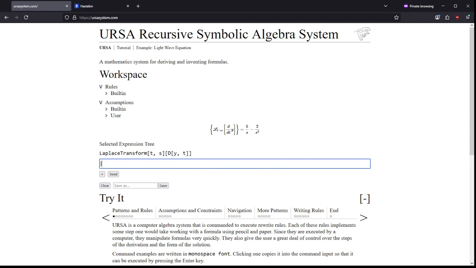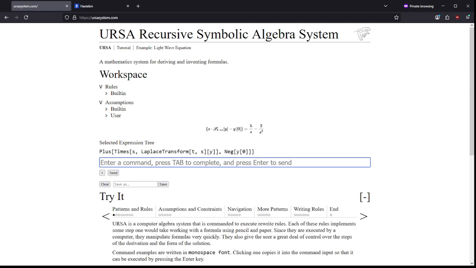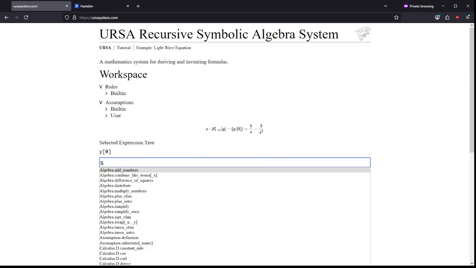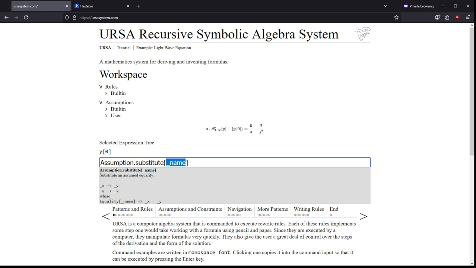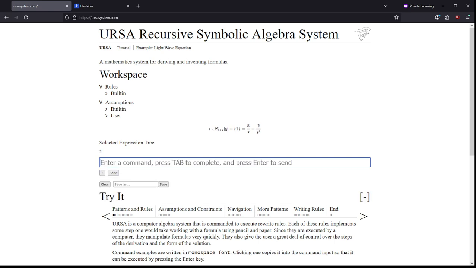And on the left-hand side, we're going to take the Laplace transform, but only take it one step. So that becomes this. The Laplace transform of a derivative is this. So now we've got y of 0, which is our initial condition, and I can navigate into that and say substitute, and then give the name of the equality, which is y0, and that substitutes the equality.